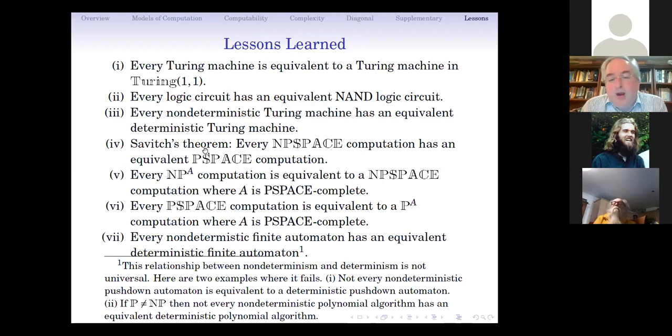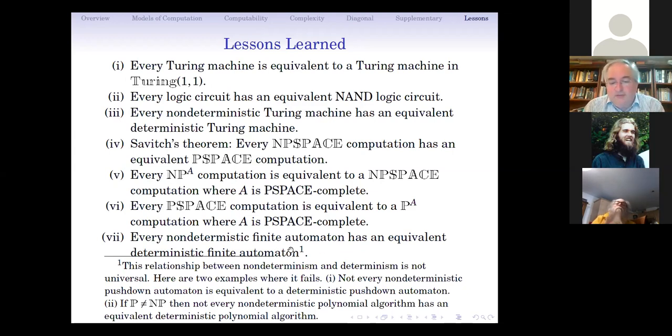P equals NP is a problem about time. The question is, what about space? And Savitch answers this, I think in 1973: NP space is equal to P space. This is something about the Baker-Gill-Solovay thing, which is not worth going through, but things of a certain type are things of another type. Every non-deterministic finite automaton has an equivalent deterministic finite automaton. This is in that supplementary chapter.